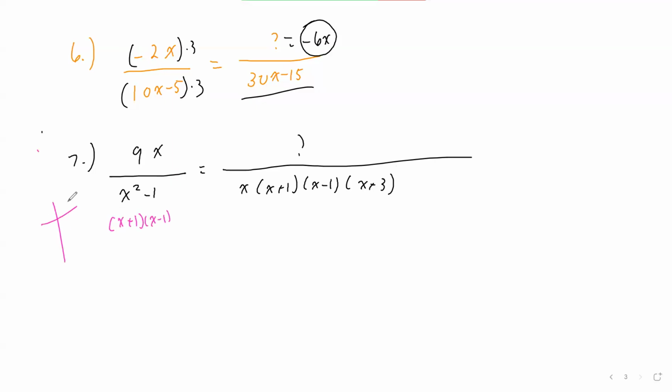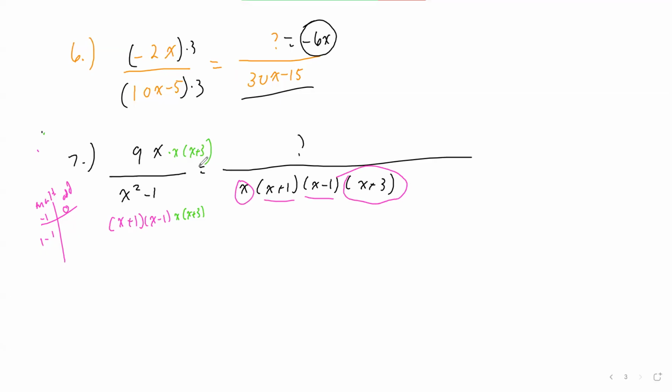But if you need to do the tree or the t-chart, multiply to negative 1, add to 0. So that's 1 and negative 1. All right, I see that it already has that, so I'm missing an x and an x plus 3. So therefore, I need to multiply this by x and x plus 3. But if I do it to the bottom, I have to also do it to the top.